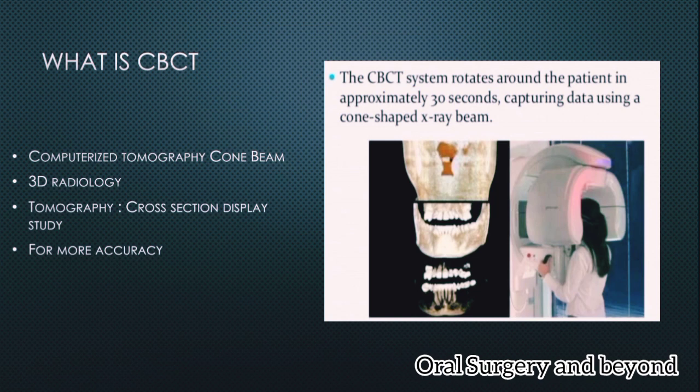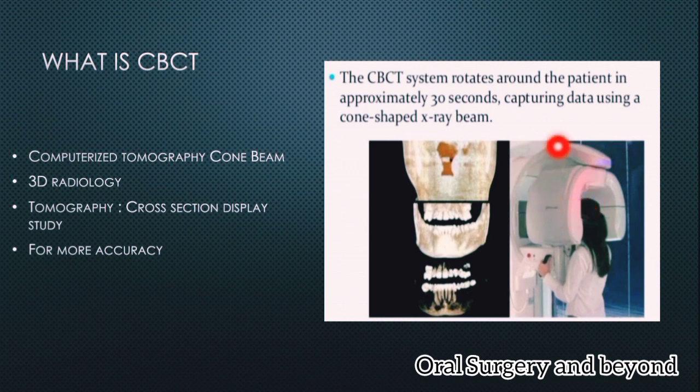This is a CBCT machine where the patient has to stand between the two arcs, and when the machine starts, this arc rotates around the head and neck region for a minimum of 30 seconds. During those 30 seconds, radiation scans capture the DICOM data.